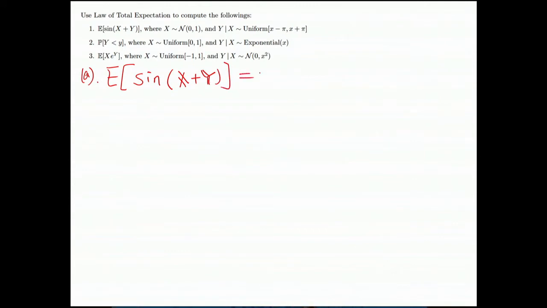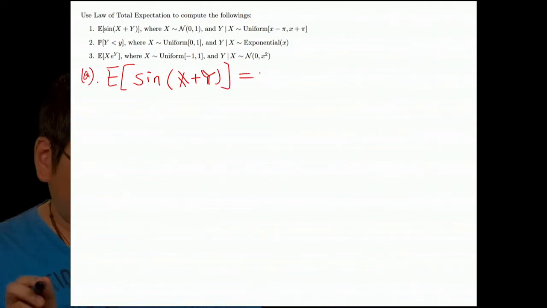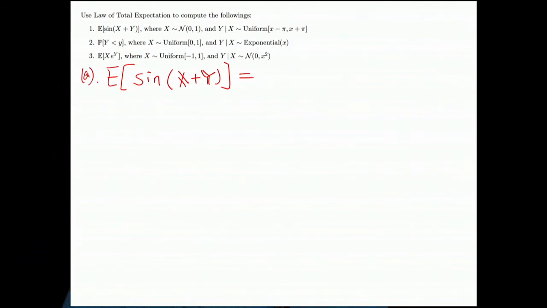Now you recognize this is two random variables. So if it's two random variables, I should have a double integration, and I should also have a joint PDF, dx dy.